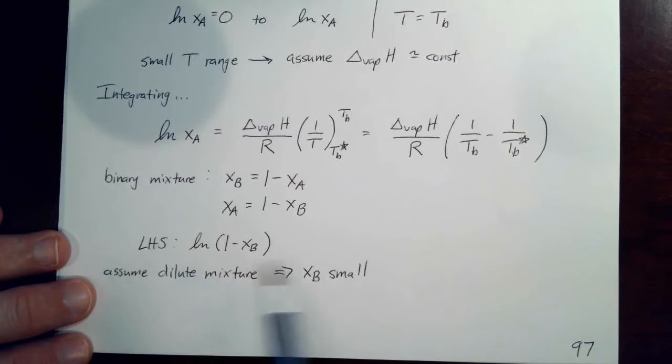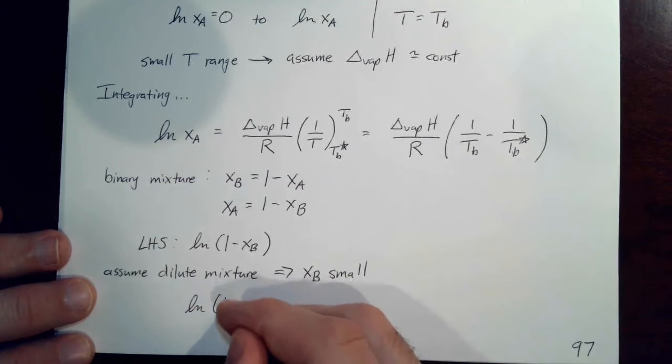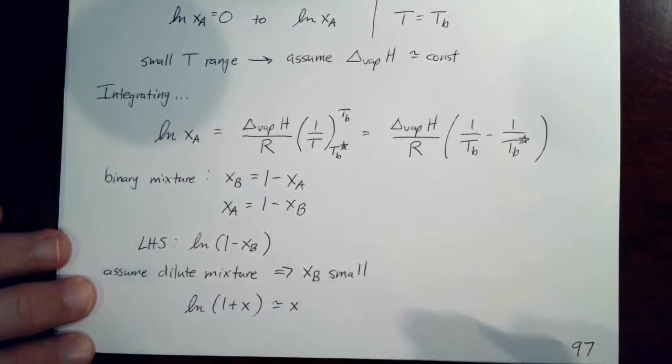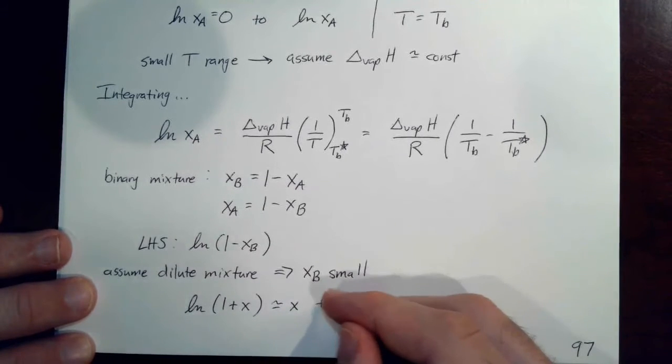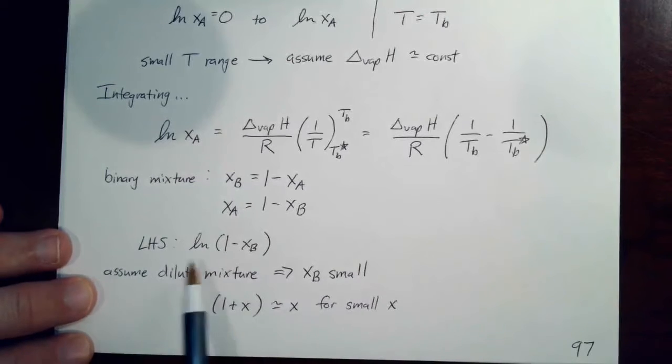If I expand a natural log into a Taylor series, we see that the natural log of 1 plus x is approximately equal to x for small x. Again, we got that by using the Taylor series of natural log.